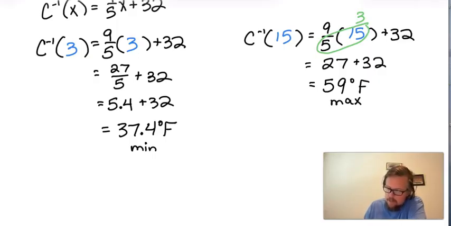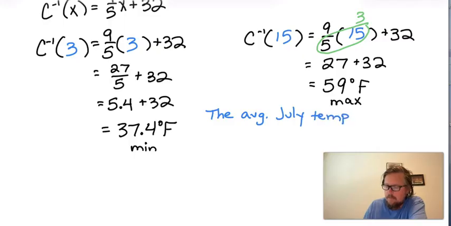So our answer is the average July temperature was between 37.4 degrees Fahrenheit and 59 degrees Fahrenheit.